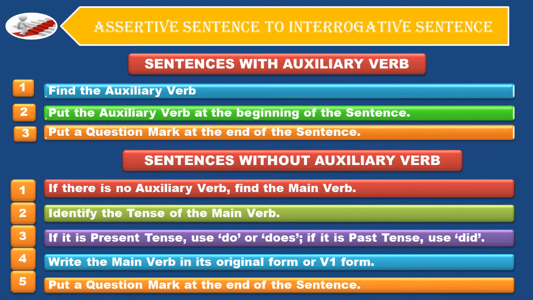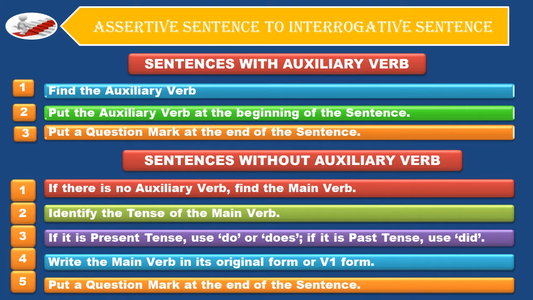First step, if there is no auxiliary verb, you will find the main verb. Once you find the main verb, you will identify the tense of the main verb, whether it is in present tense or past tense. If the given sentence is in present tense, you have two options, either do or does, and that depends on the subject.